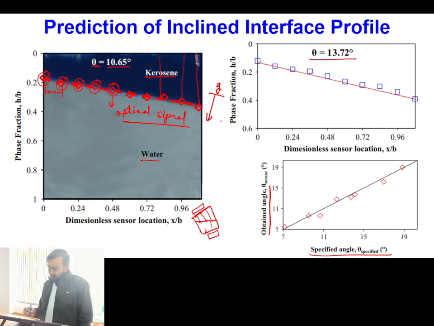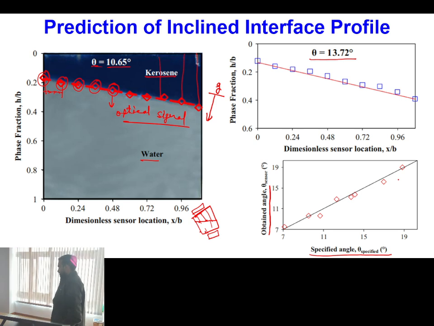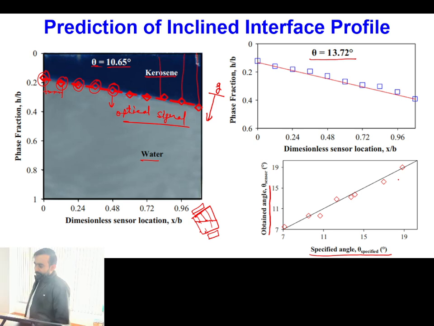This is the 100% accuracy line, the black line, and these scattered points are very close to it. So it means this type of optical arrangement has been used successfully for reconstructing the profile of straight interfaces.